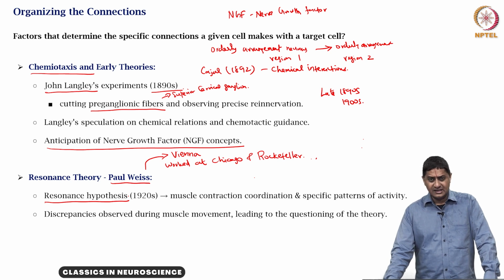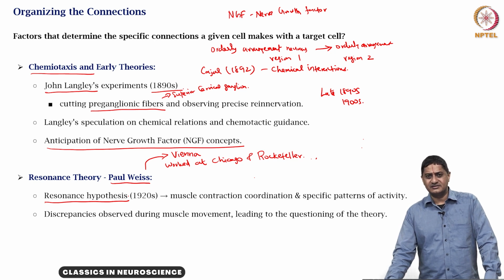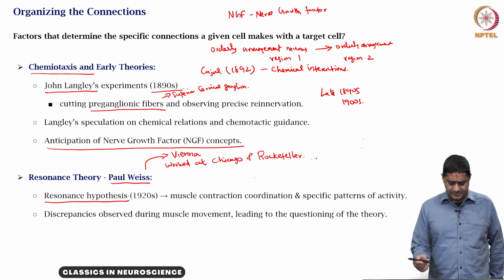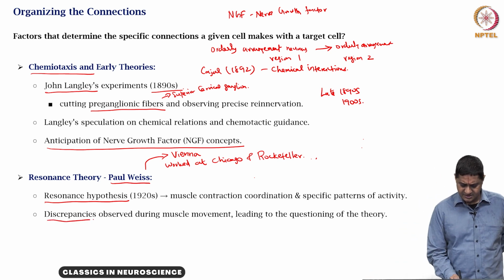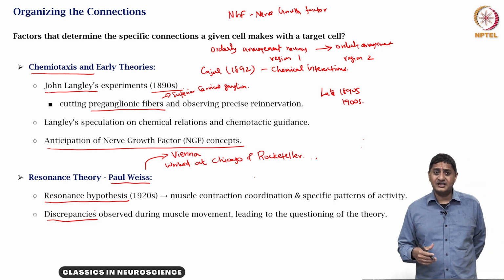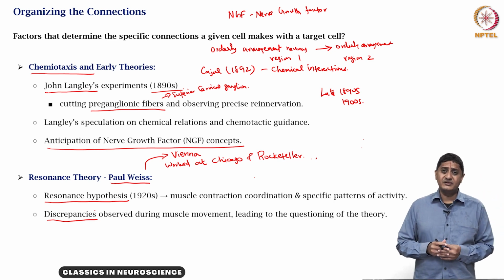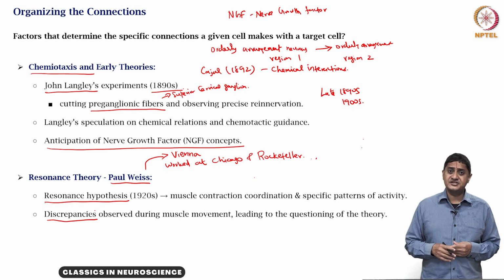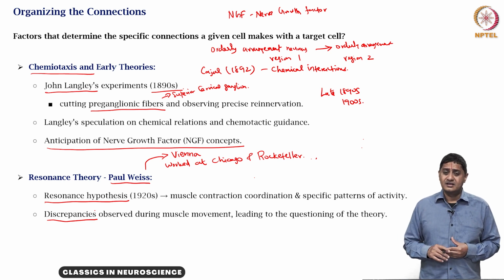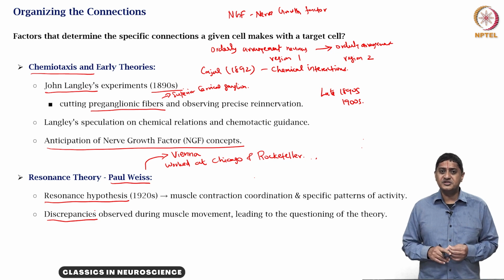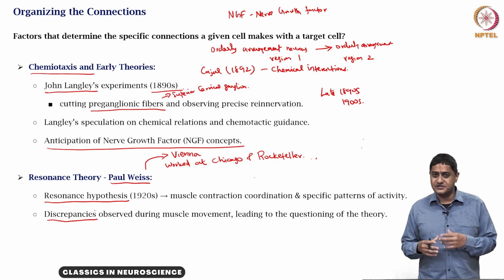because during muscle activation all the neurons were not simultaneously activated, but rather only the active muscles were being activated. That was the discrepancy, right. That is, only those muscles that need to be activated were activated, not all of them, because resonance theory posited that the activation pattern is what governed which particular limb or which particular action is going to happen.